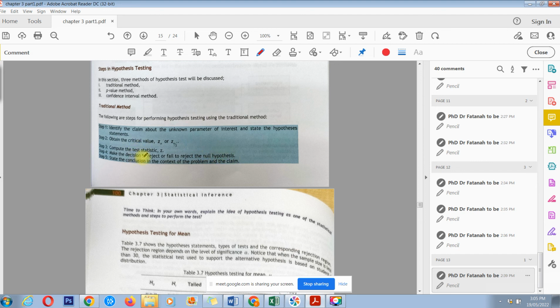From the data, we compare Z and Z alpha here. And then state a conclusion, after we make a decision, in the context of the problem and the claim.